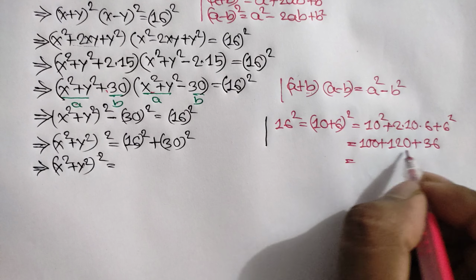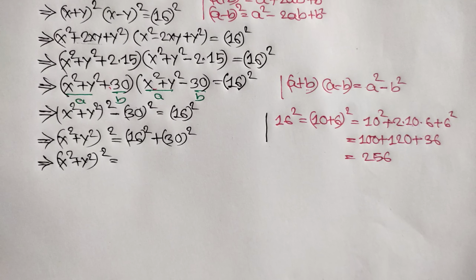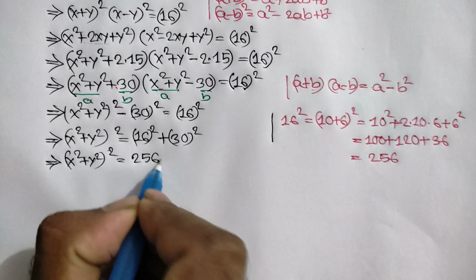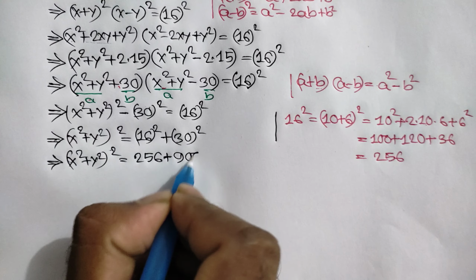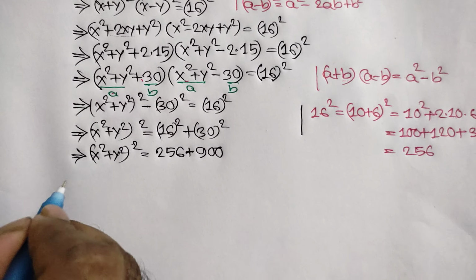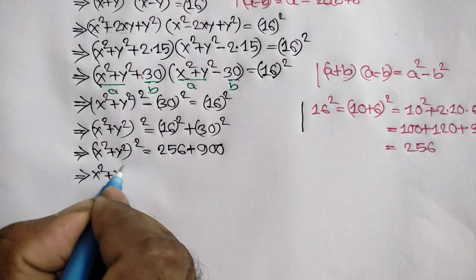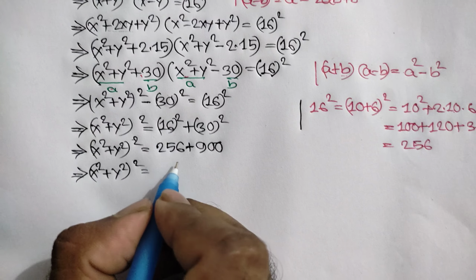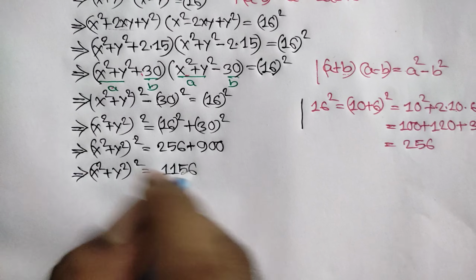Now adding these three numbers we will get 256. So 16 square can be written as 256 plus 30 square, that means 3 times 3 is 9 with double zeros, 900. Now x square plus y square whole square is equal to, adding these two numbers, we will get 1156.